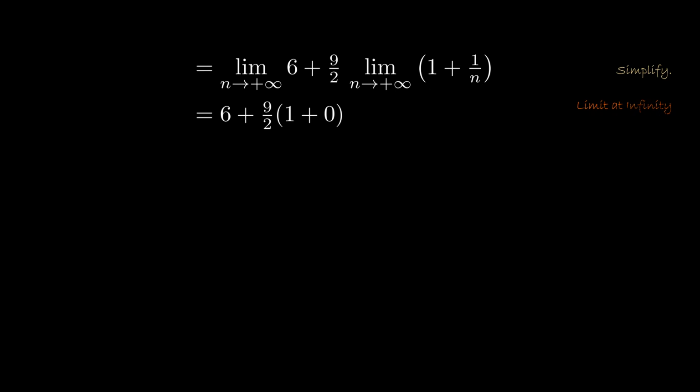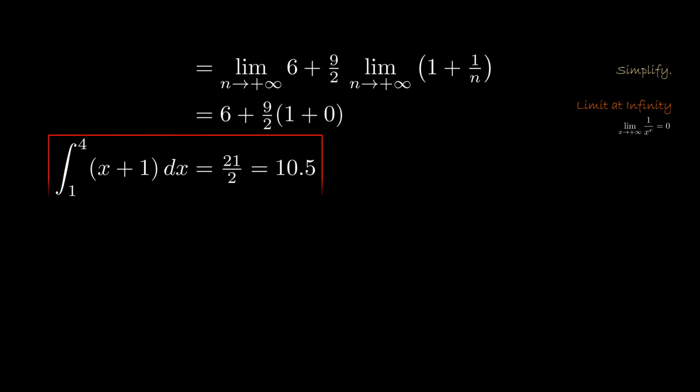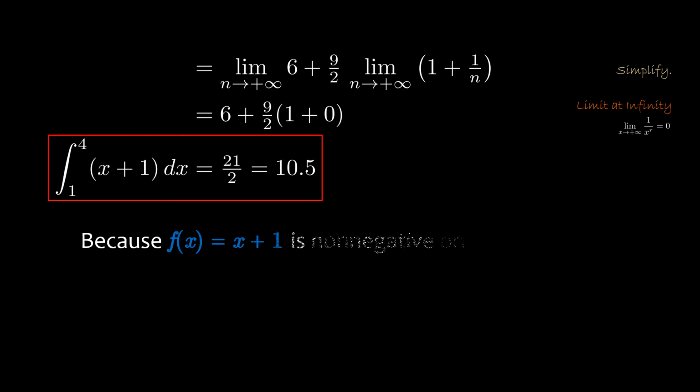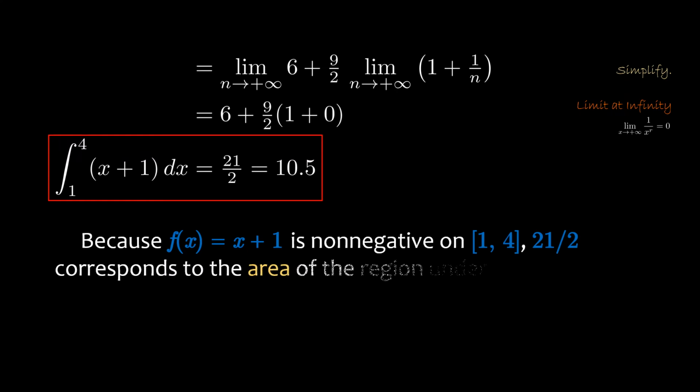Evaluate the limit using a limit at infinity rule. Therefore, the integral of x plus 1 dx from 1 to 4 is equal to 21 over 2. Because f of x equals x plus 1 is non-negative on 1, 4, 21 over 2 corresponds to the area of the region under f on 1, 4.